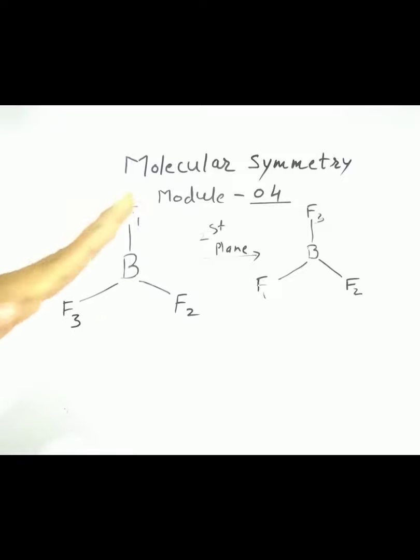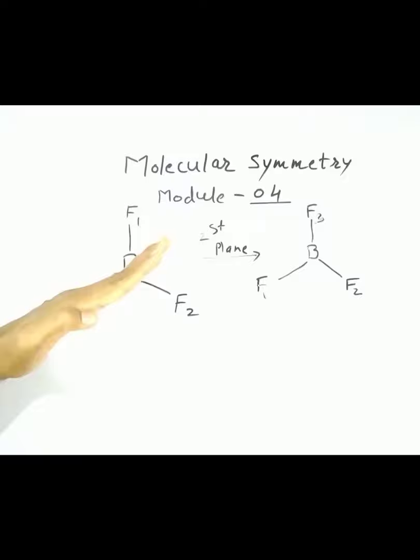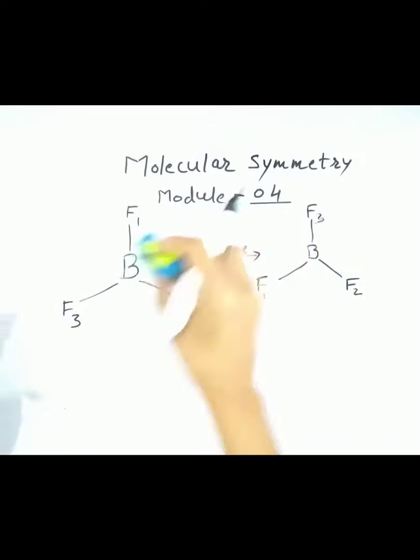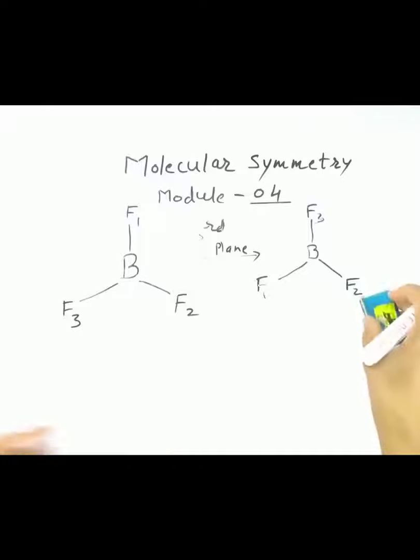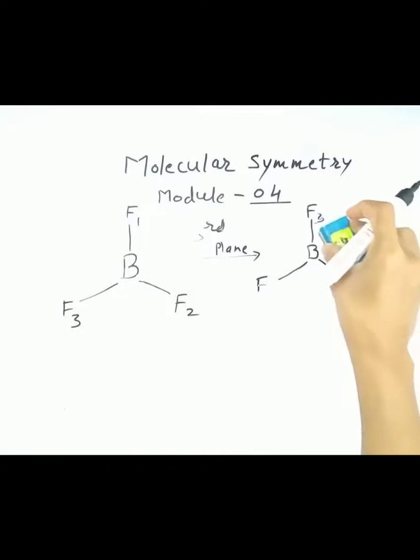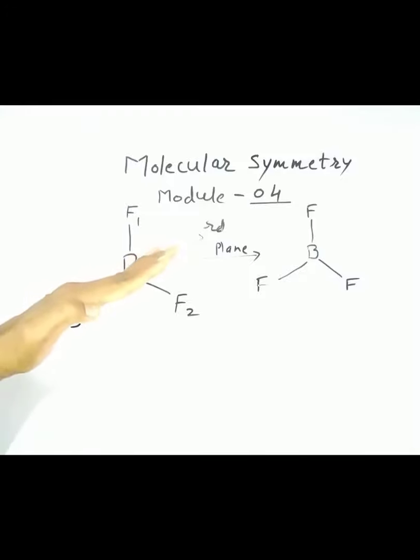Similarly, the third plane I can pass from F3 and boron. That is the third plane. Now we are passing from the third fluorine atom. What will be the numbers or positions of fluorine atoms after passing the third plane?